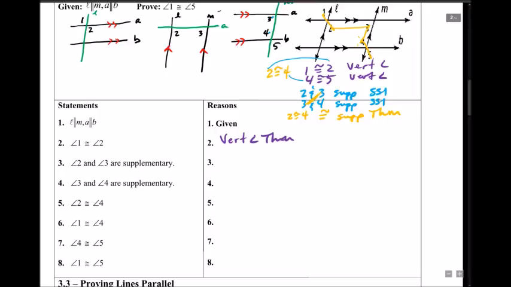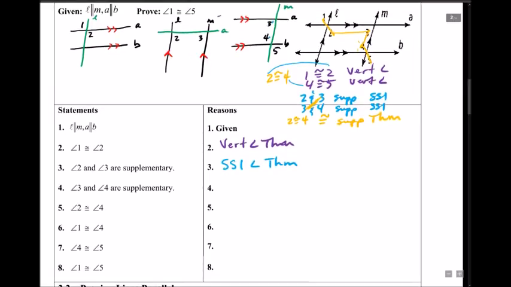And then we say angle 2 and angle 3 are supplementary. What let us say that? That was the same side interior angle theorem. And 3 and 4 are supplementary. How did we say that? It's the same theorem, same side interior angle theorem.